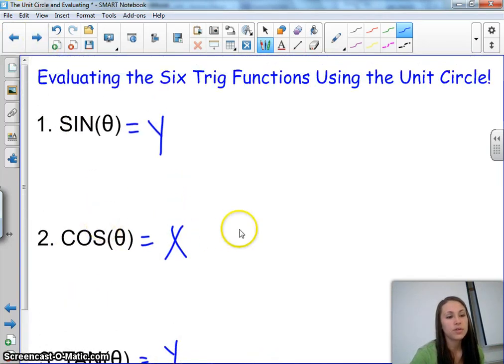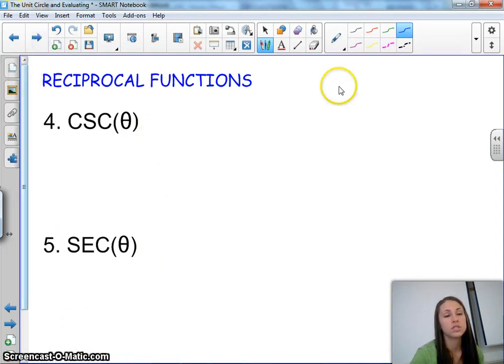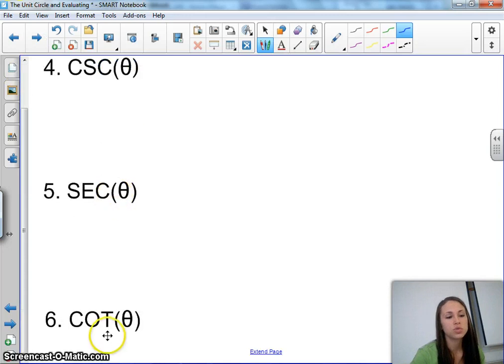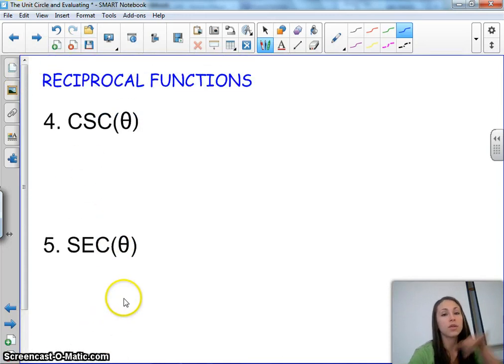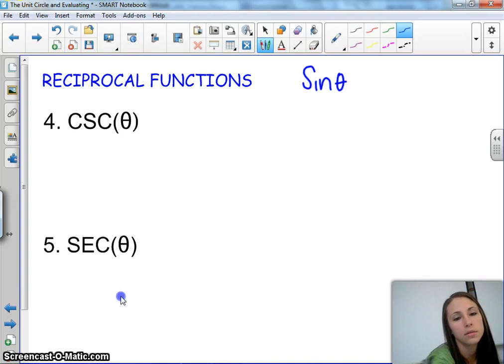Now, there are 3 functions, so you've seen these 3 functions before. There are 3 more functions that you probably have never seen before, and those are called reciprocal functions. And so each of these reciprocal functions go with one of the previous functions. So our sine theta, cosine theta, tangent theta.